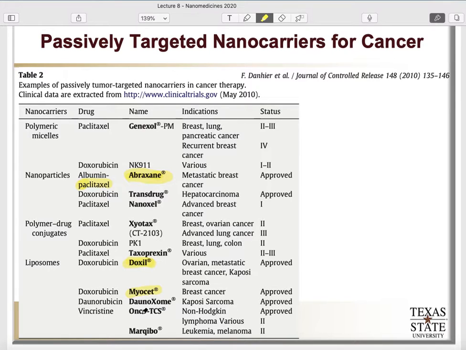So even though these are a little bit better than the drugs by themselves, still it has not been the magic bullet that we envisioned nanomedicines to be. So there's still a lot of work to be done to gain a better understanding of how these nanocarriers could actually live up to their potential. And one of the things that we are investigating nowadays is whether we can use nanocarriers to actually recruit the immune system to fight the cancers, as opposed to using the nanocarrier to kill the cells.